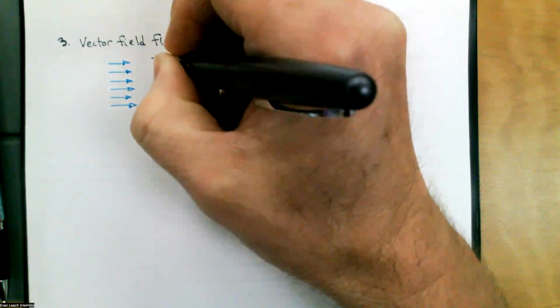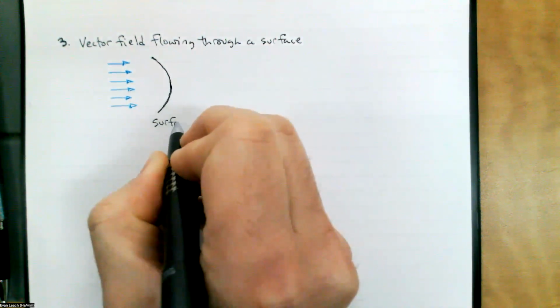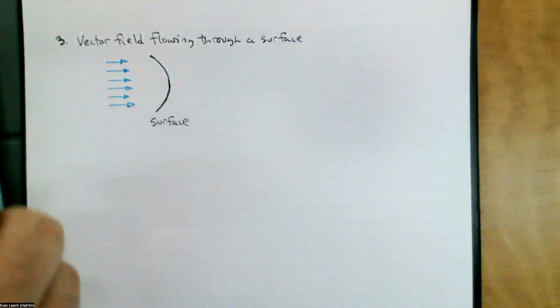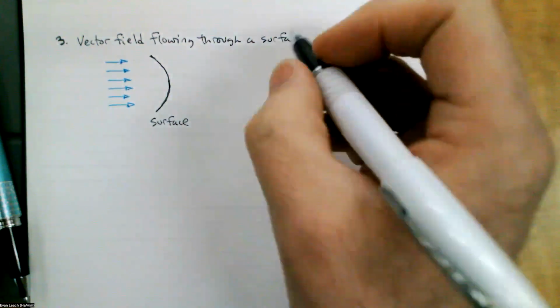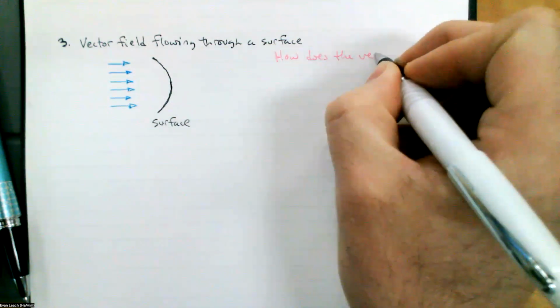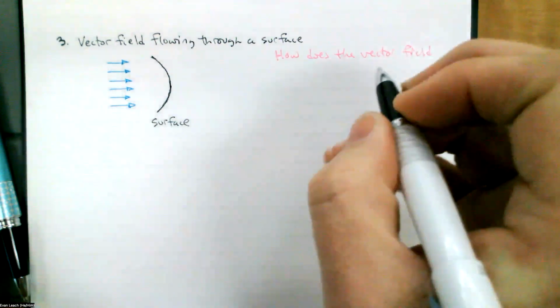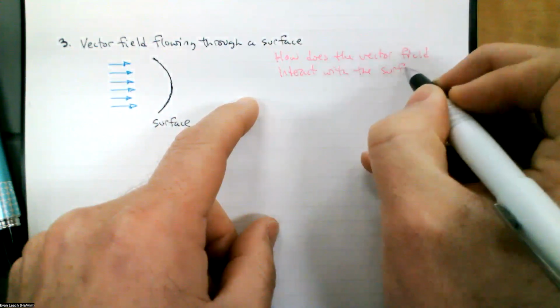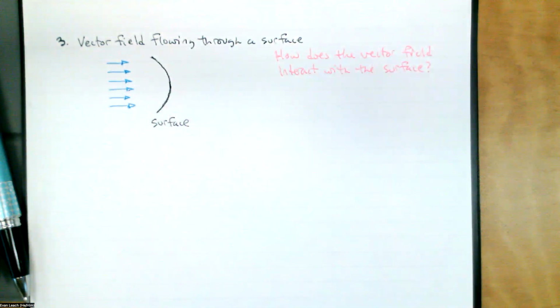Let's just look at it from the side. So we're going to be interested in all these points on the surface, how the vector field is interacting with those points. So how does the vector field interact with the surface?